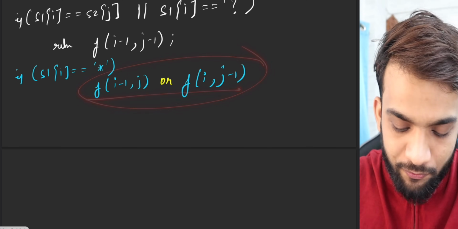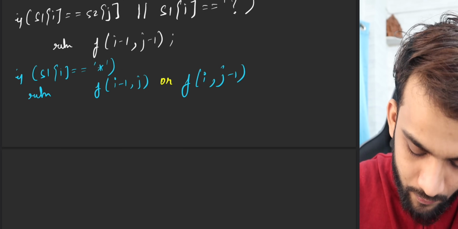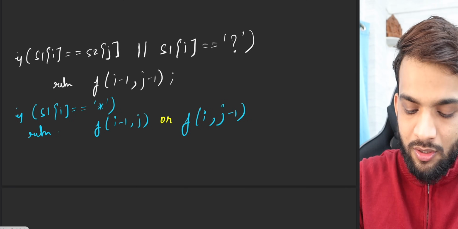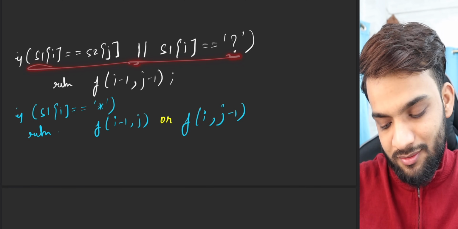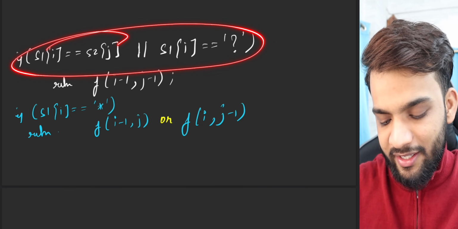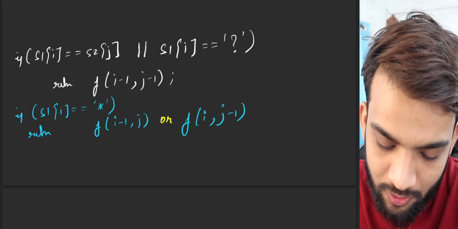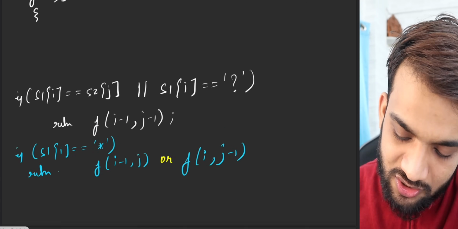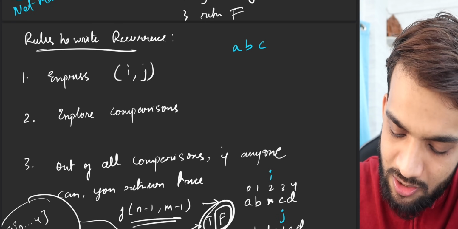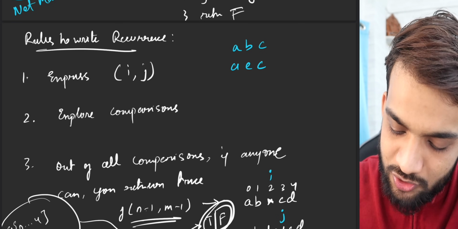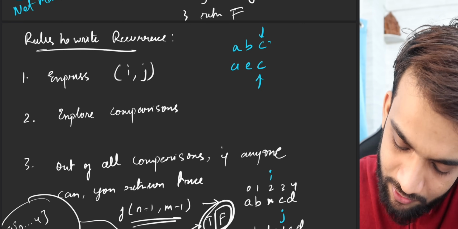Perfect. What if the string did not match, or it is not a star? What if you are standing at a case where you have something like A, B, C, A, E, C. So this C and this C will match.